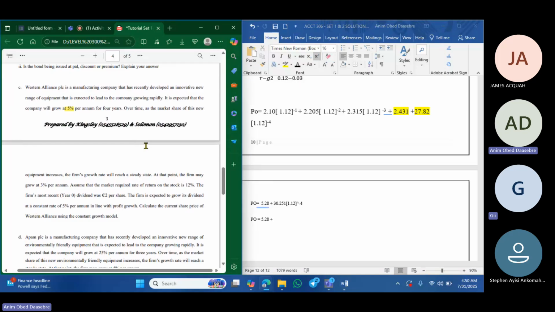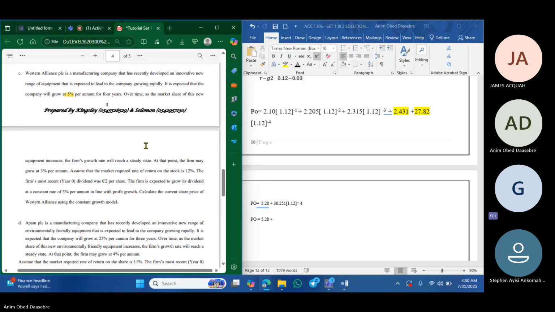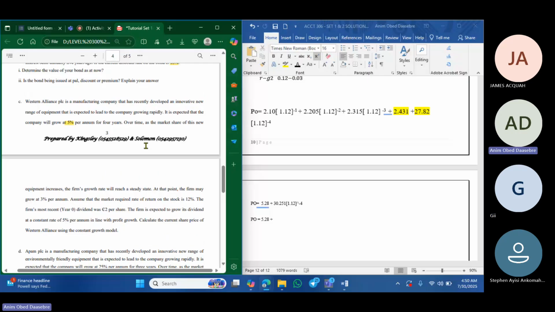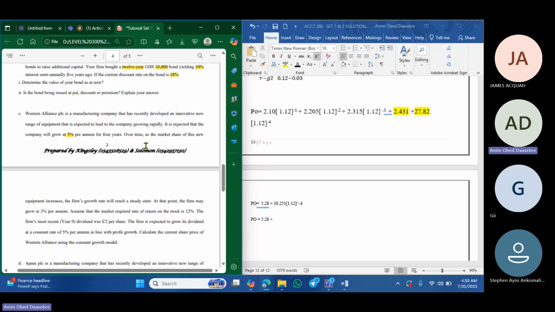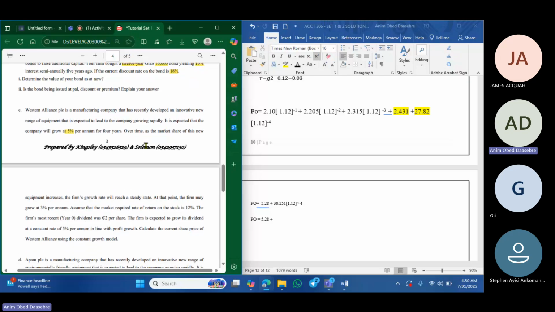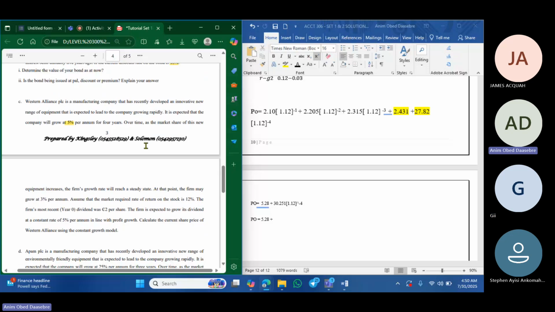I said that one is a different question. The one we were just doing is question C, not question B. Check the question we are solving and the one we are asking for.